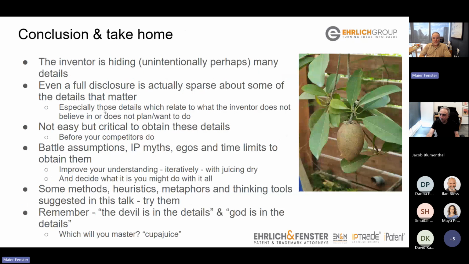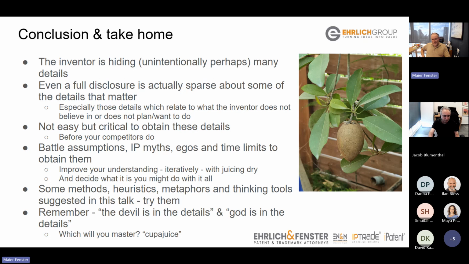In conclusion, the inventor is hiding lots of details, maybe unintentionally, usually unintentionally. Even a complete disclosure is missing important details, especially the ones that relate to what the inventor doesn't believe in. It's not easy to get those details, but you need to do it before your competitors do.